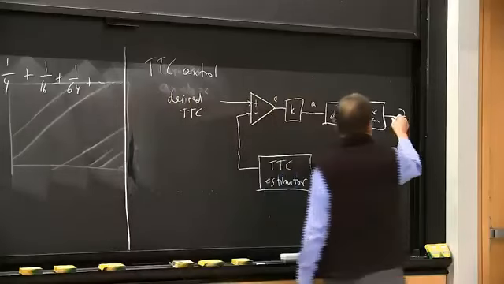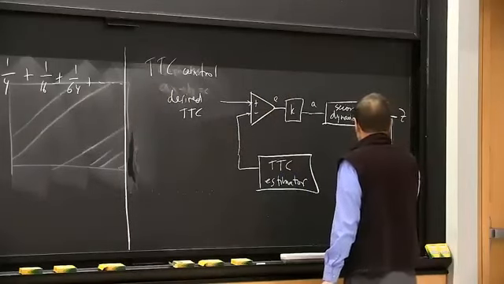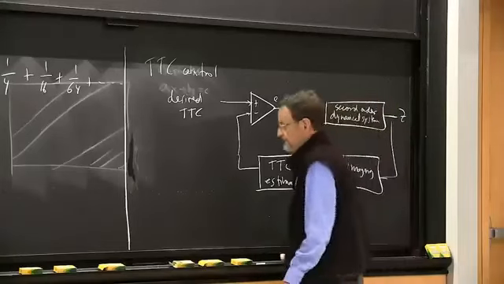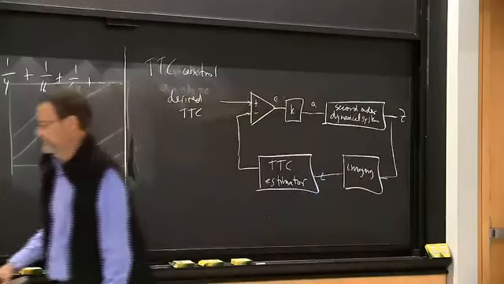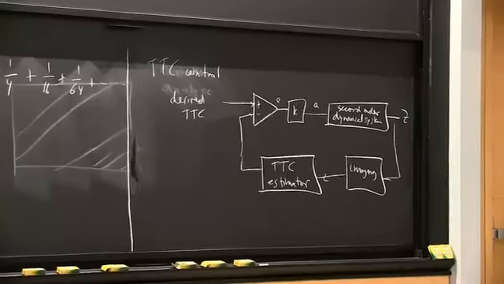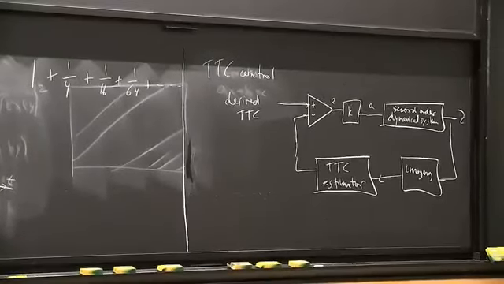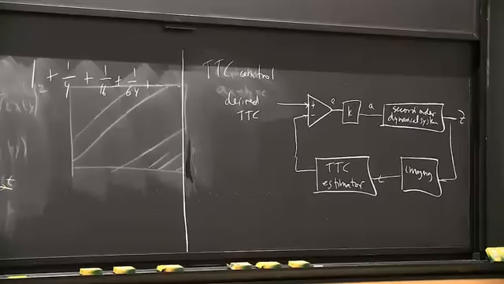And then there's an imaging system. And so this system does something very simple, which may not be the best you can do, but it's easy to analyze, which is to try and maintain the time to contact the same.